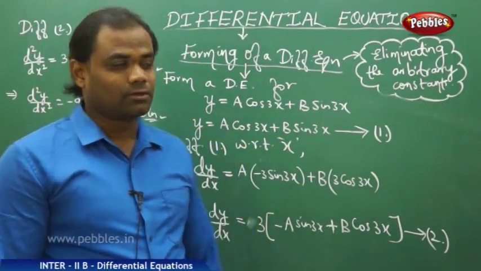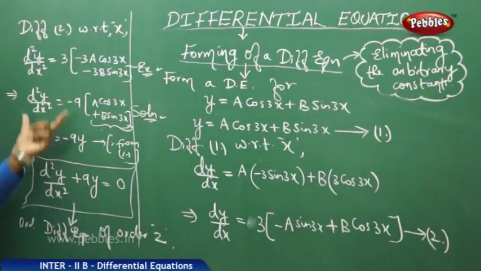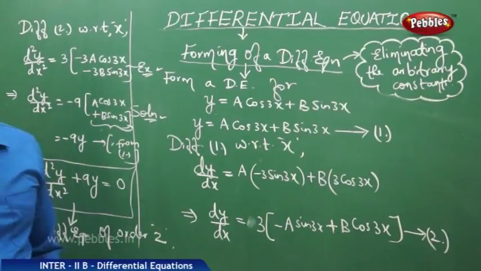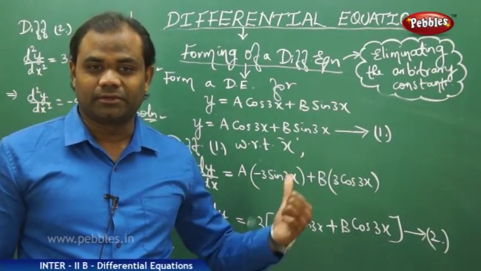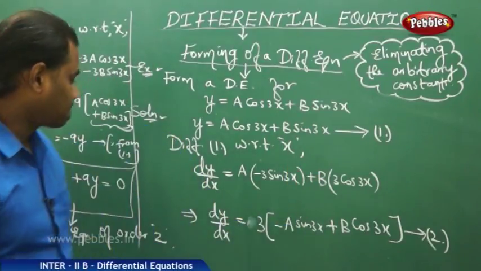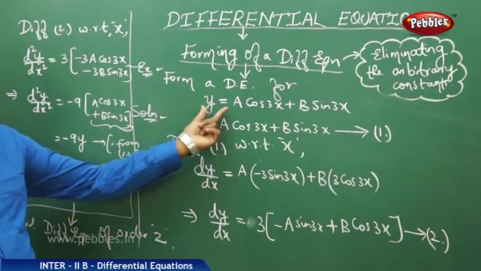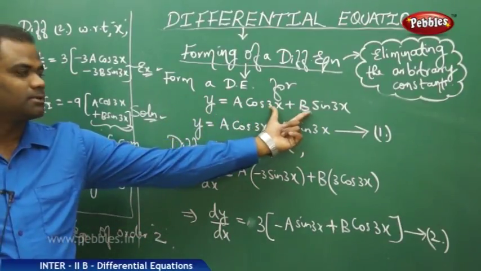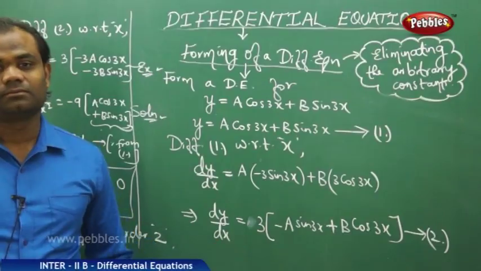Therefore, in order to eliminate two arbitrary constants, I differentiate the equation twice. In order to eliminate three arbitrary constants, I differentiate the equation thrice, etc. So the ordinary differential equation of order 2 for the equation y equals a cos 3x plus b sin 3x is d squared y by dx squared plus 9y equals 0.